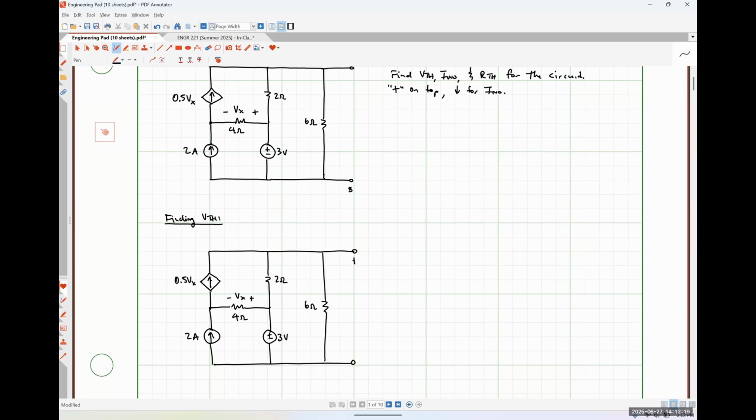And our Thevenin voltage is just going to be the voltage drop across this 6 ohm resistor.